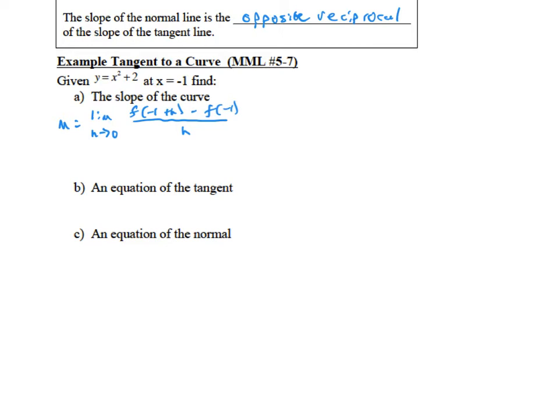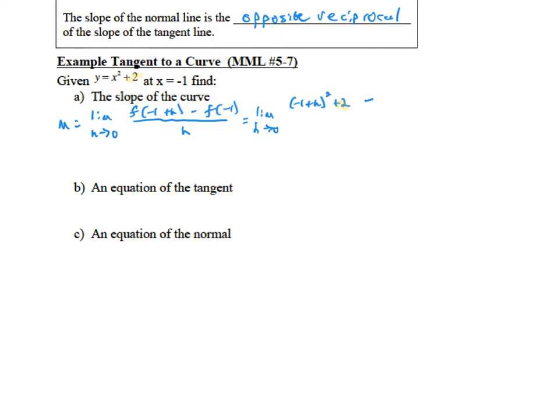Now remember, when I put this in, I have to also add 2 in addition to squaring the expression. So this is the limit as h approaches 0 of -1 plus h quantity squared plus 2. I have to emphasize that because we have to add that 2 on as part of the function.